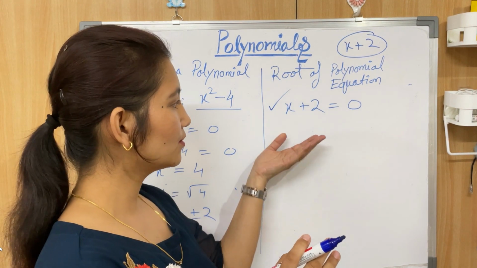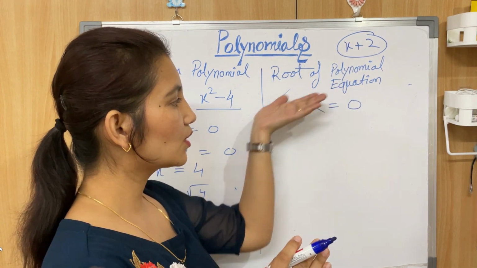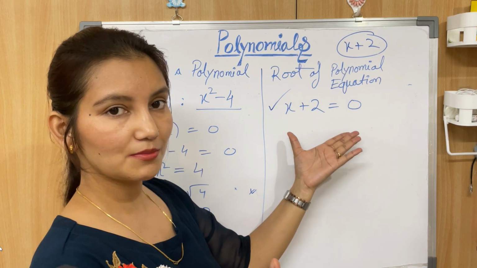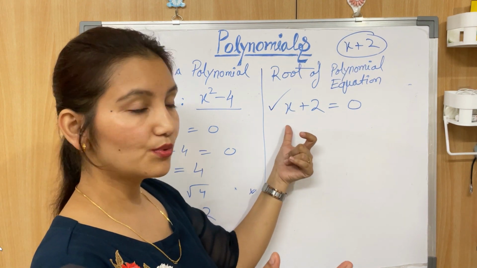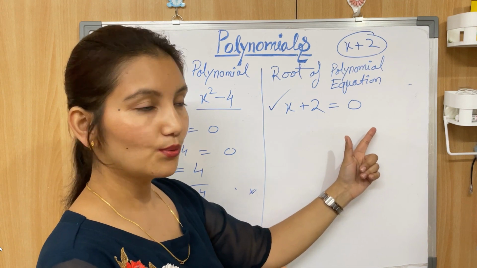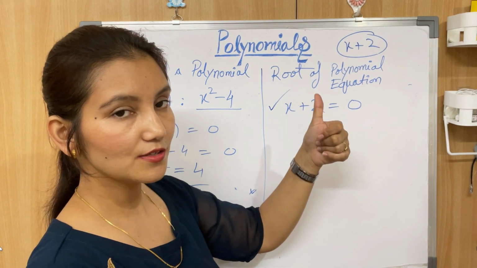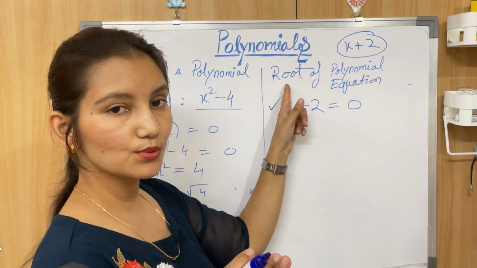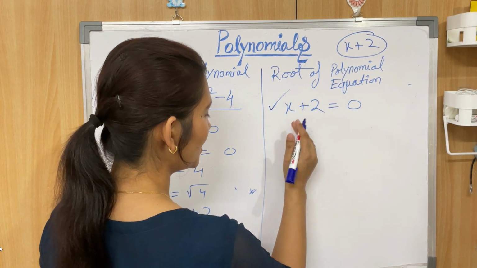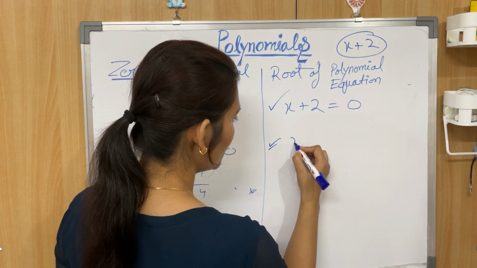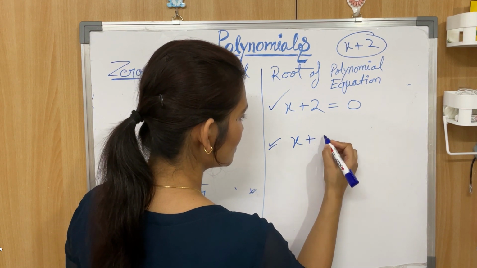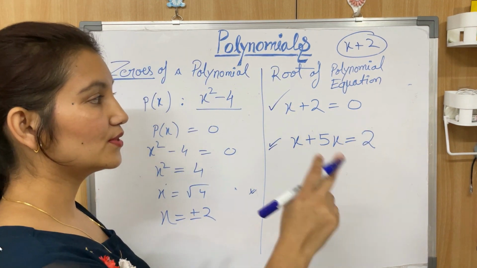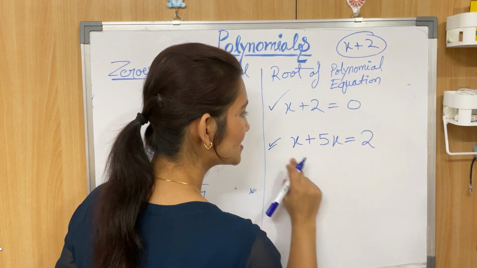So when we are finding that value of x where the whole equation will become 0, actually it's equal to 0, the root of this equation means that value of x which satisfies this equation. You get the point? That value of x which satisfies this equation would be its root. If I ask you to find the root of x plus 5x is equal to 2, you need to find that value of x which satisfies this equation.